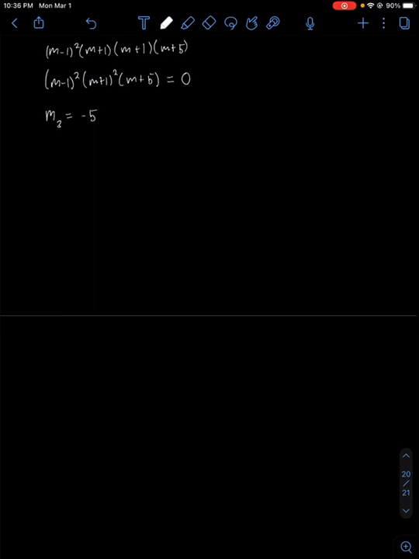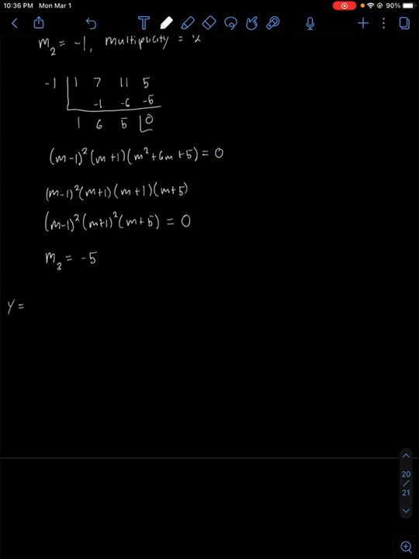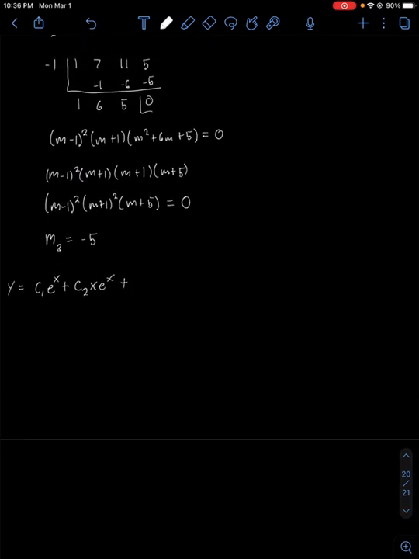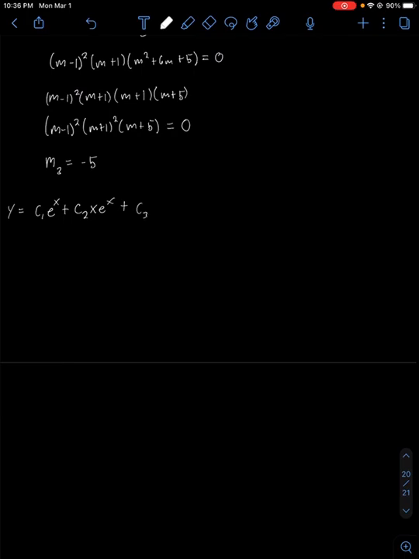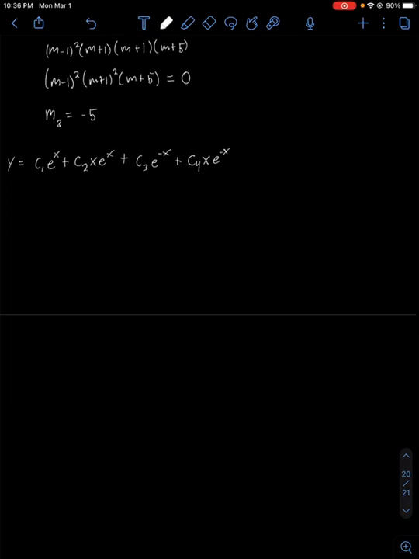So let's write the whole equation out. The whole general equation is going to be y equals c1, which is 1, multiplicity 2. c1 e to the x plus c2 x e to the x plus, the second one is minus 1, c3 e to the minus x plus c4 x e to the minus x, and then m3 is 5.